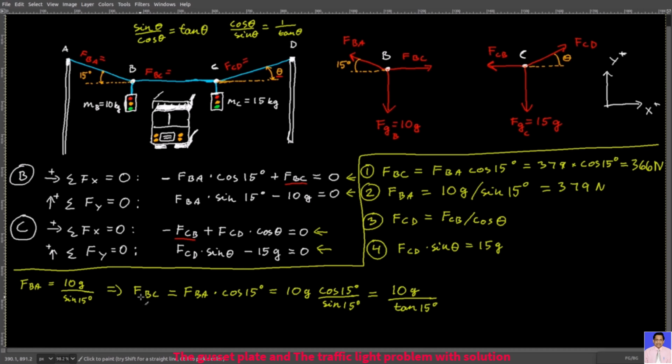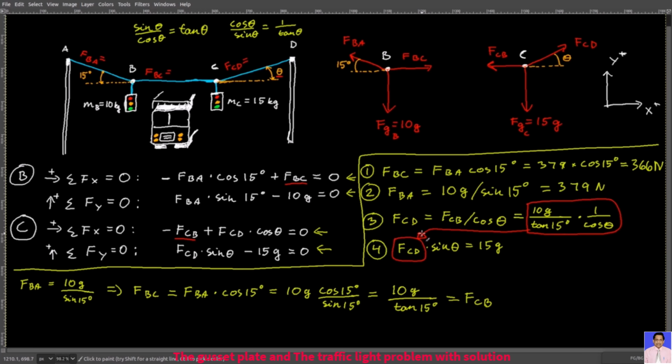But remember, FBC also equals FCB that you have here in the third equation. And so that means that here I can write this one, which is FCB, divided by cosine theta, so it's really 1 over cosine theta here. So that's your FCD. And now I will take this FCD and put it here.